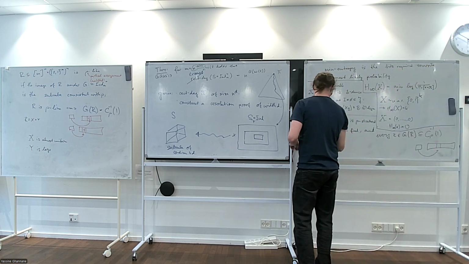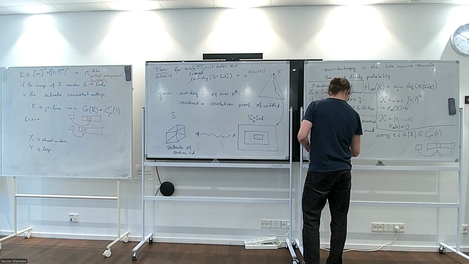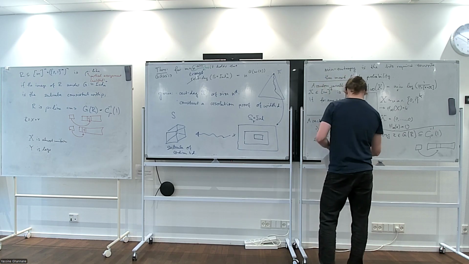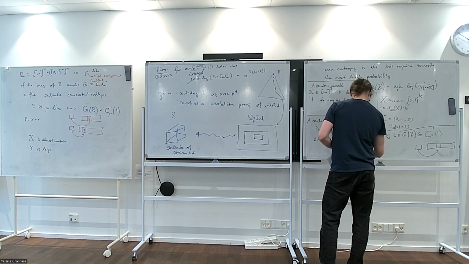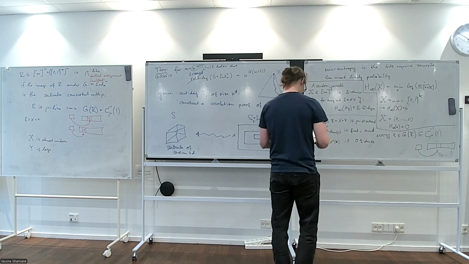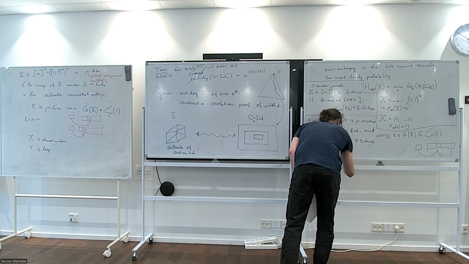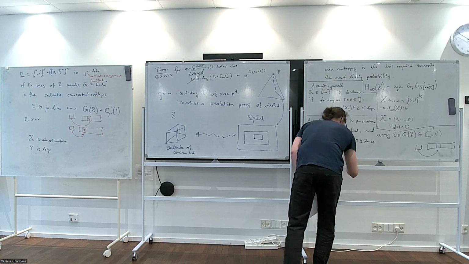Two, we want to maintain that x on the other variables, so x on rho inverse of star, is almost uniform. And the third is that y is large. So what are we saying?